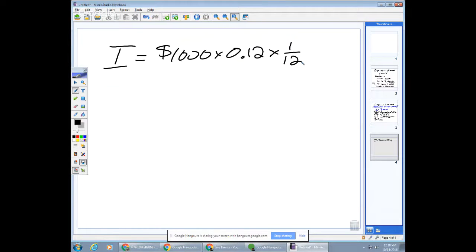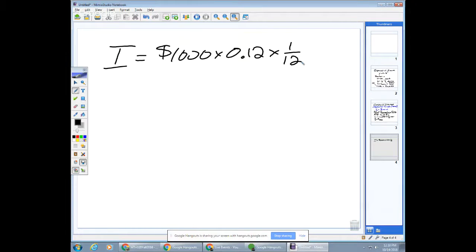And everyone's whipping out their calculators, right? Help me out. $10? Yeah, okay. So that means I would get in 1 month $10 interest.